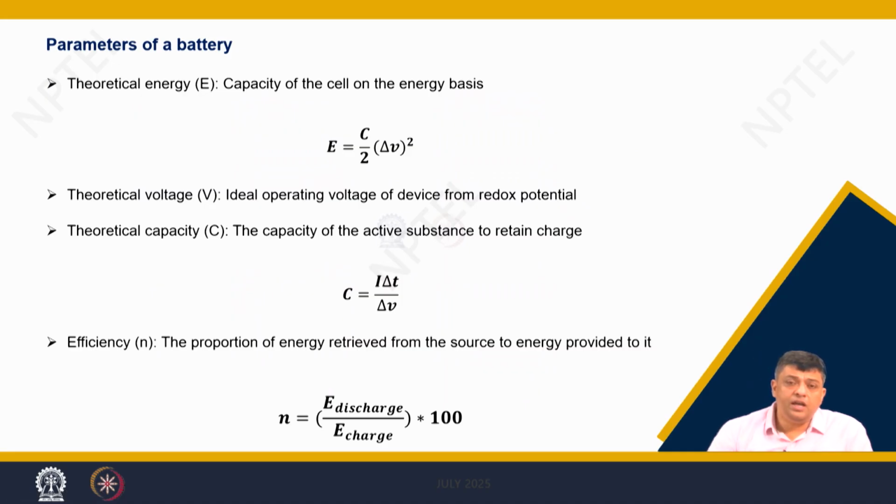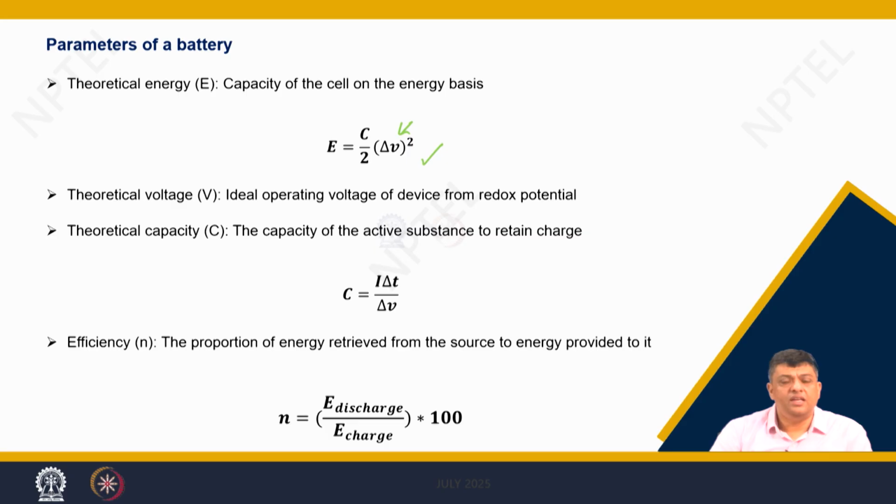If you look into the specification sheet of the batteries, they will give you the value of theoretical energy or capacity. This is given by the value half C V square, where V is the operating voltage window.